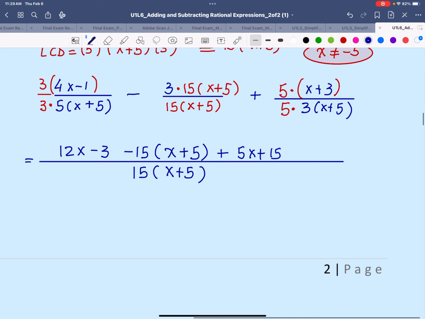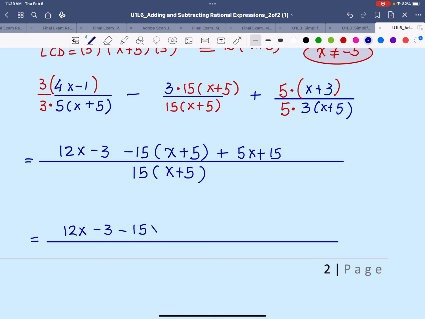So let's bring them all together. And now we have 12x minus 3 minus 15x. Now 15 times 5. My bad here, so I just missed something. Good thing I realized right now.